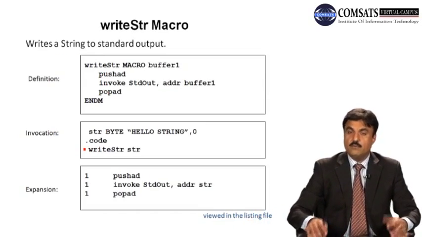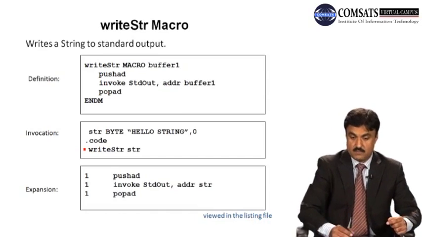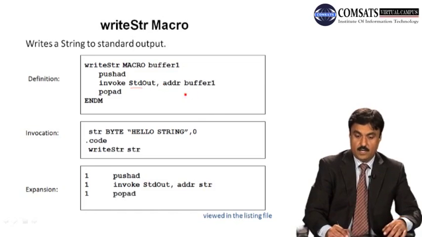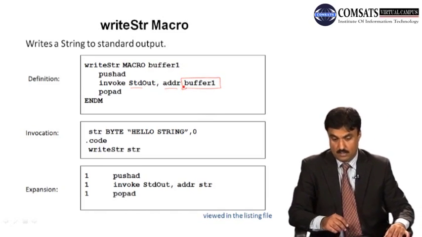For example, we have used the write string invoke statement for the stdout multiple times. And here you can see there are multiple parameters that we pass. For example, we have the stdout address of the area or the buffer or the string that we are going to write down.